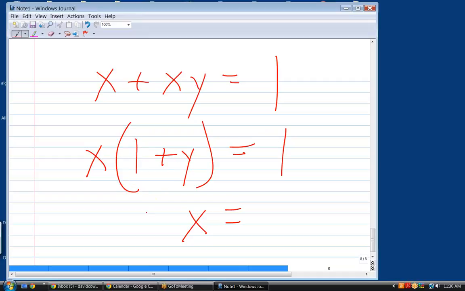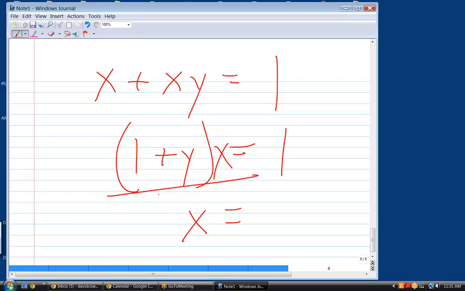What's the final step of any equation? Divide by the coefficient. Well, let's take that x and write it there instead. It's the same thing. X times quantity 1 plus y is the same thing as 1 plus y times x. It's just that now you probably see the solution a little easier. What do I need to divide by? 1 plus y.